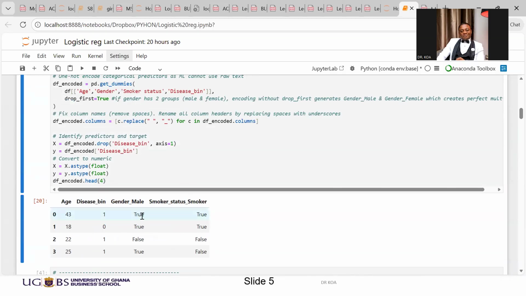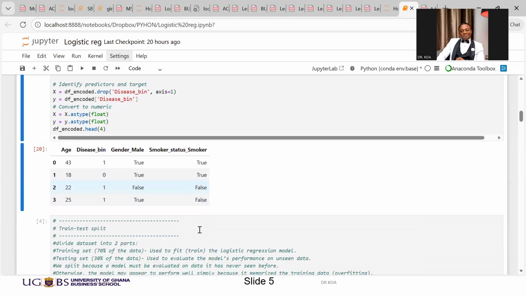So the true here means that whatever you see here, the first person is a male, that's true. Second person is a male, that's true. The third person is a female. Next person is a male, and then it continues like that. It recognizes the true and the false as 1 or 0. So the data has been prepared. That's what we mean by preparing the data.